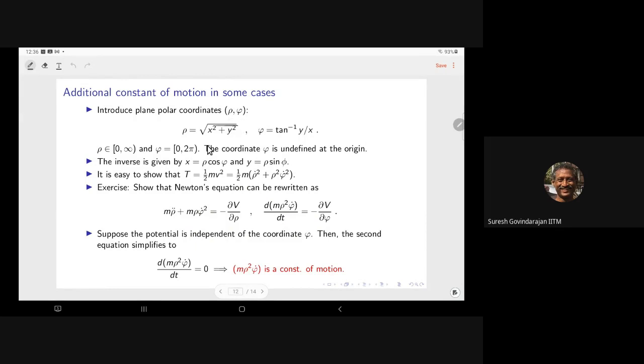Rho is the square root of x squared plus y squared, and phi is tan inverse of y by x. Rho takes values from 0 to infinity, and phi goes from 0 to 2 pi. I don't include 2 pi because 2 pi is identified with 0. The inverse of this is x equal to rho cos phi and y equal to rho sin phi.